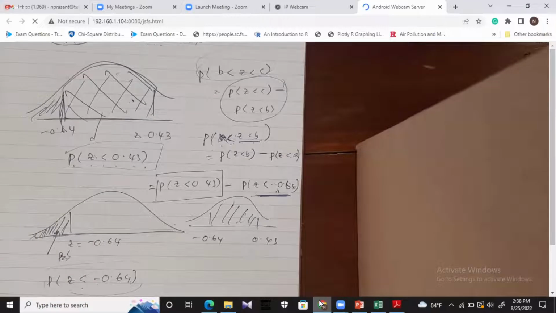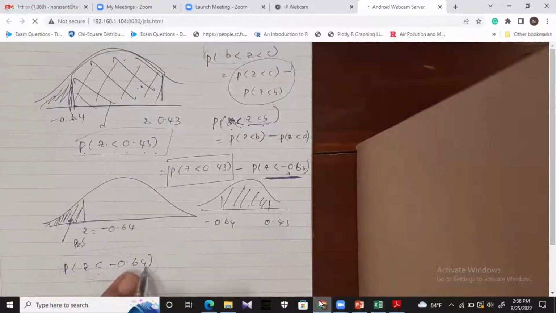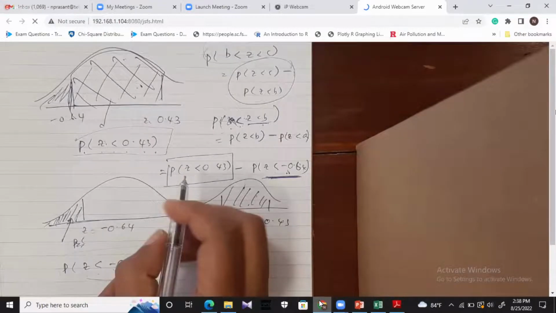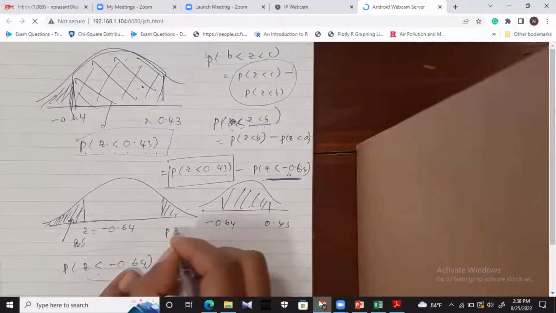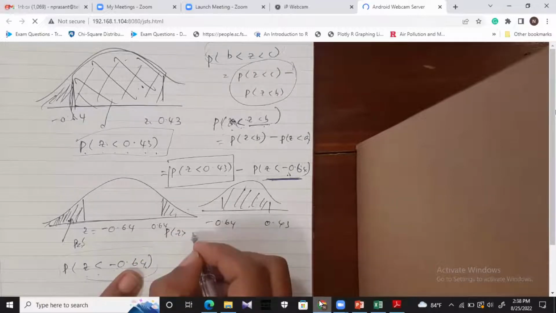Now we have Z less than minus 0.64. That region is similar to Z greater than 0.64.